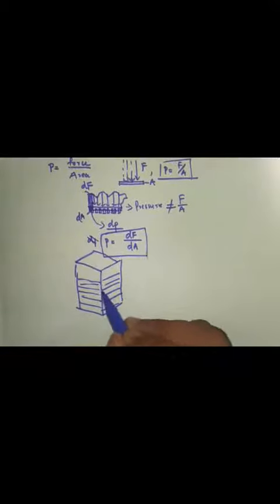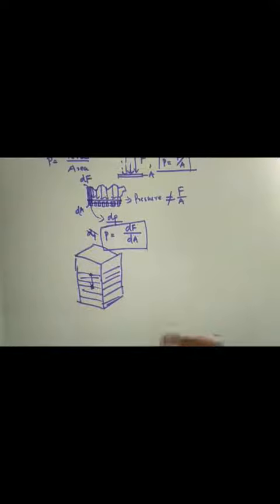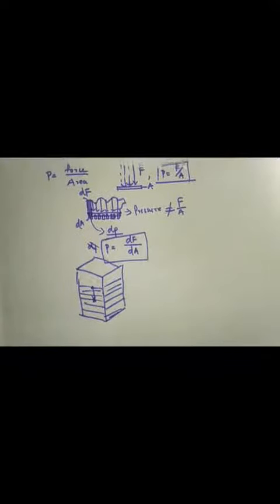The fluid will exert a pressure on all the boundaries of the container, and at the inner molecular level also there will be a pressure. Here the pressure will be due to the self weight of the water or the fluid. Okay, so this is the basic concept of fluid pressure at a point.